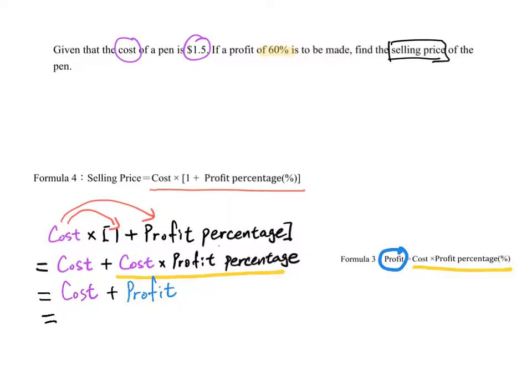And we know that cost plus profit is equal to selling price. So that's why this formula can help us to find the selling price.